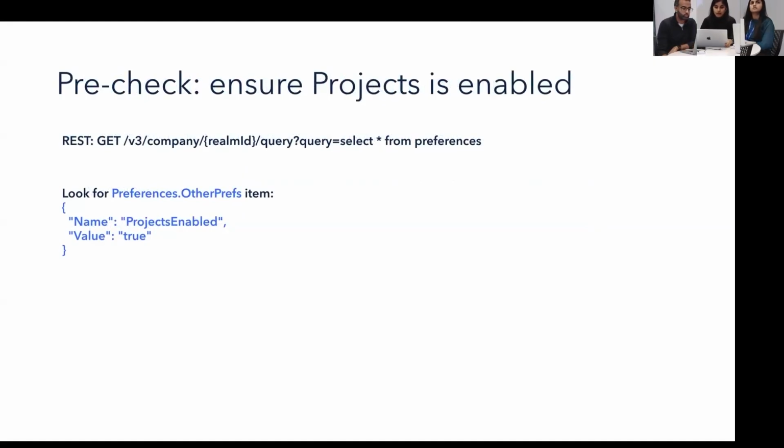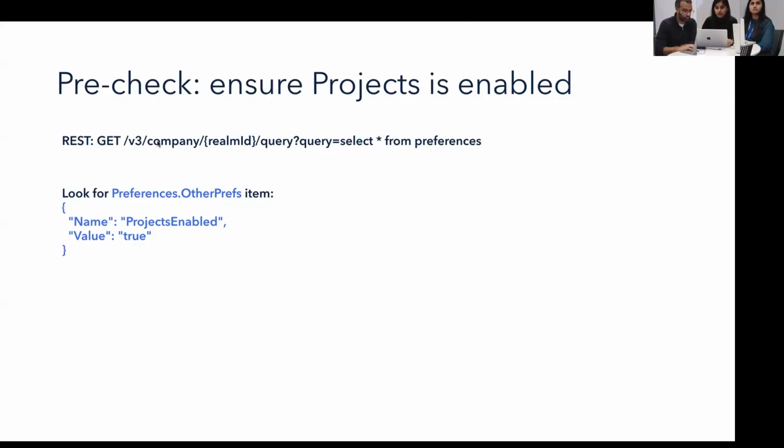Before you make any project API call, there are a few pre-checks that you will have to do. One of them is to ensure that your project is enabled. You can check that through this REST API call for preferences.